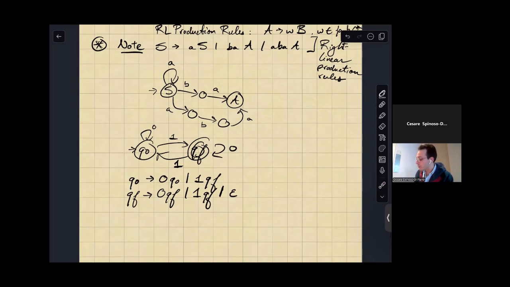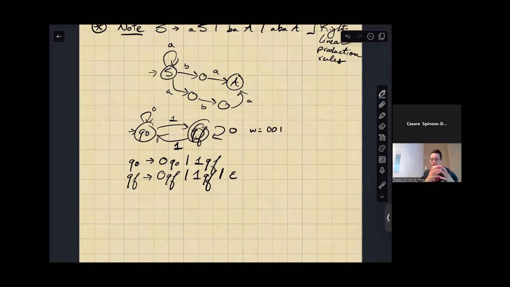So if I accept something like 0, 0, 1, that's accepted by my DFA, then I can simulate the acceptance by generating.